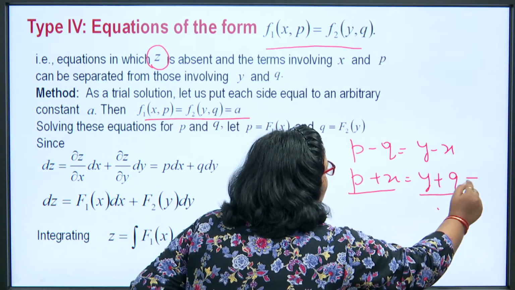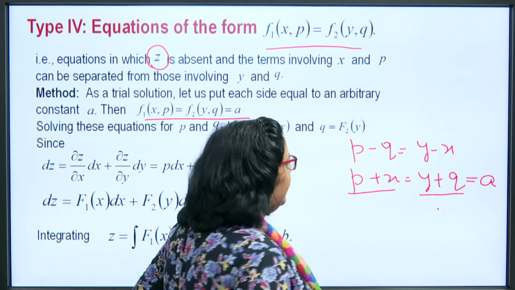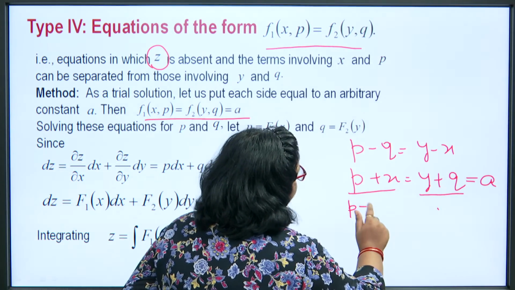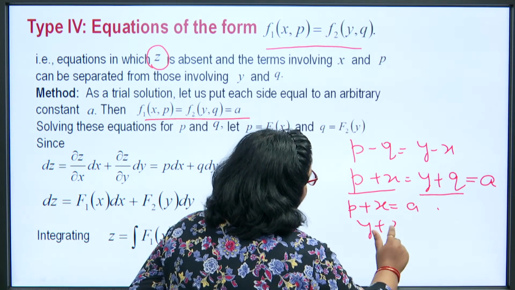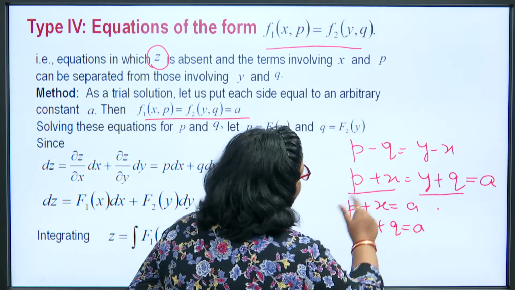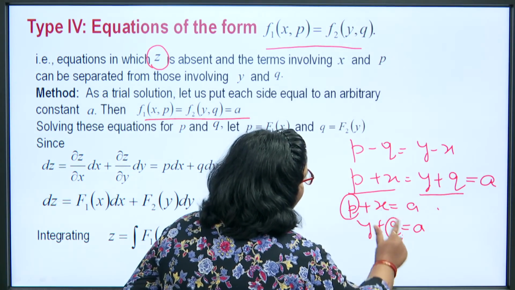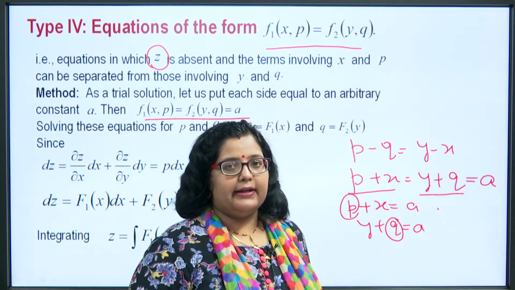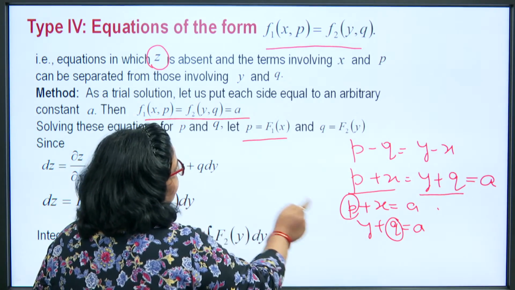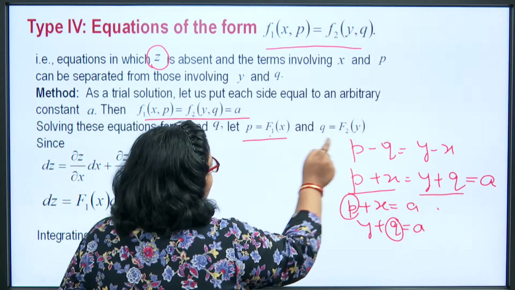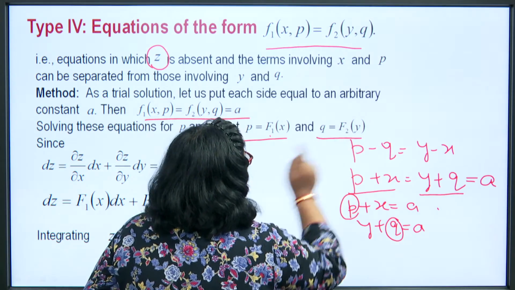We say this is equal to any constant A and solve it. So p plus x is equal to A and y plus q is equal to A, and find the values of p and q in terms of A, x and y. We get the functions; we assume p is f1(x) and q is f2(y).